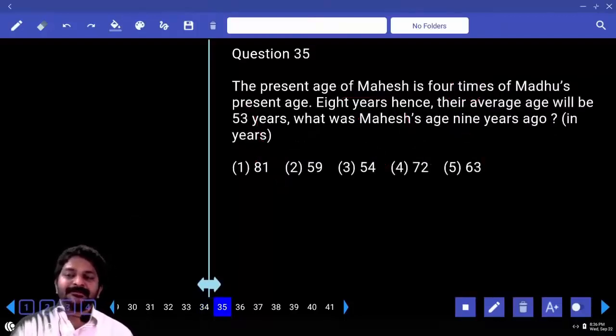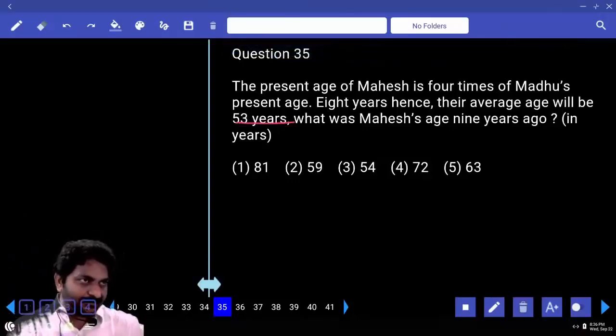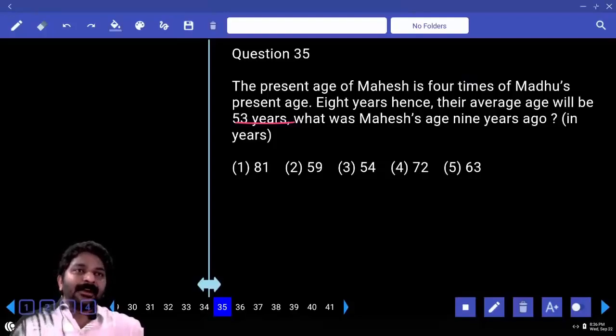The age of Mahesh is 4 times Madhu's age. 8 years hence, their average age will be 53 years. What was Mahesh's age 9 years ago? Okay. See, after 8 years, if their average is 53, then to get the present average, we have to subtract 8 years only. 53 minus 8, 45. 45 is the average for how many members?